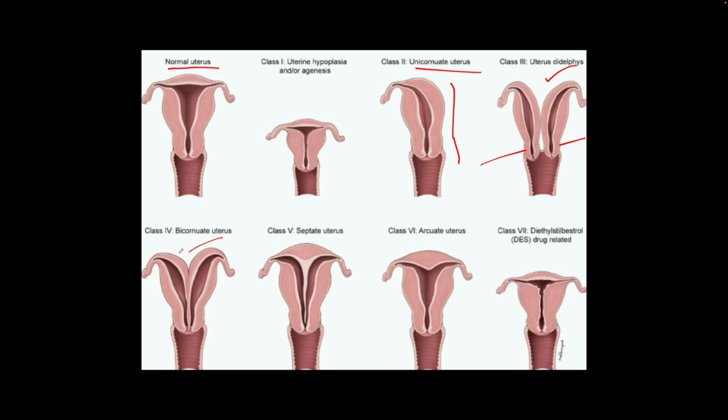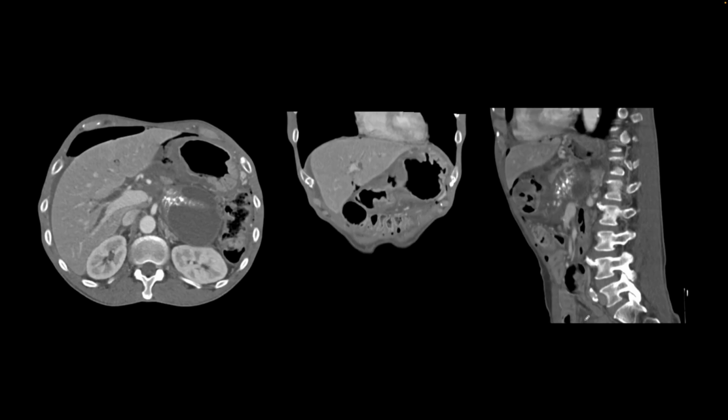Bicornuate uterus, the patient that we saw on the previous slide with a single cervix. Septate uterus, where we see a septum going down. Arcuate uterus, where this projection is prominent. And DES, drug-related effect, which is very rare but may be seen, and it could be a boards question.